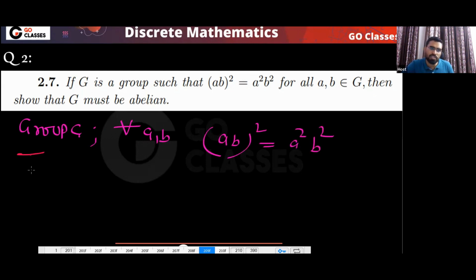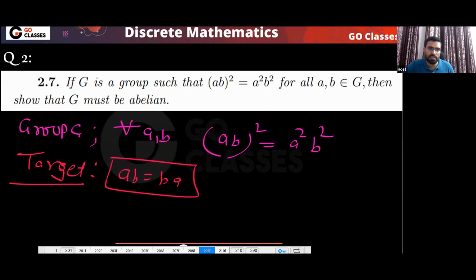What is our target? Our target is AB equal to BA.